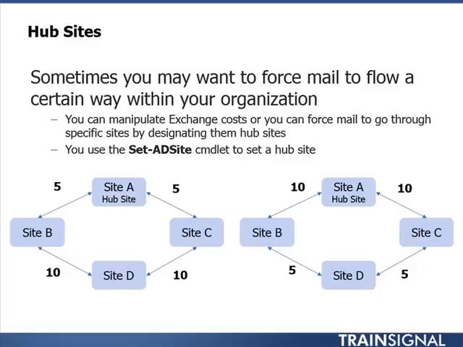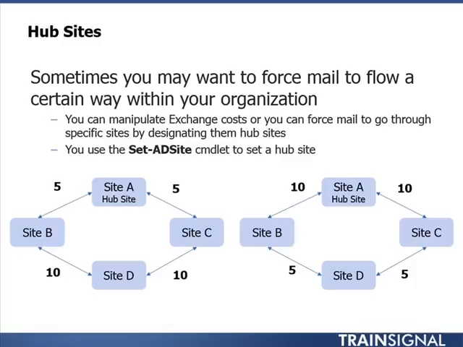But again, this variation to direct relay routing is only in effect when the hub site is located along the least cost routing path. If you look at this, you can see up at the top that if site B wanted to send a message to site C, and it had to go through either site A or site D, in that case, on the left-hand side, the least cost path is actually through site A to start with.